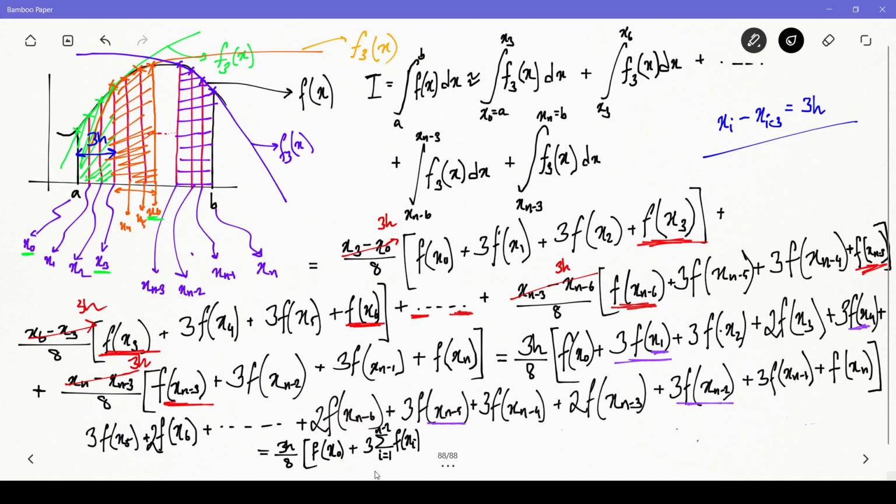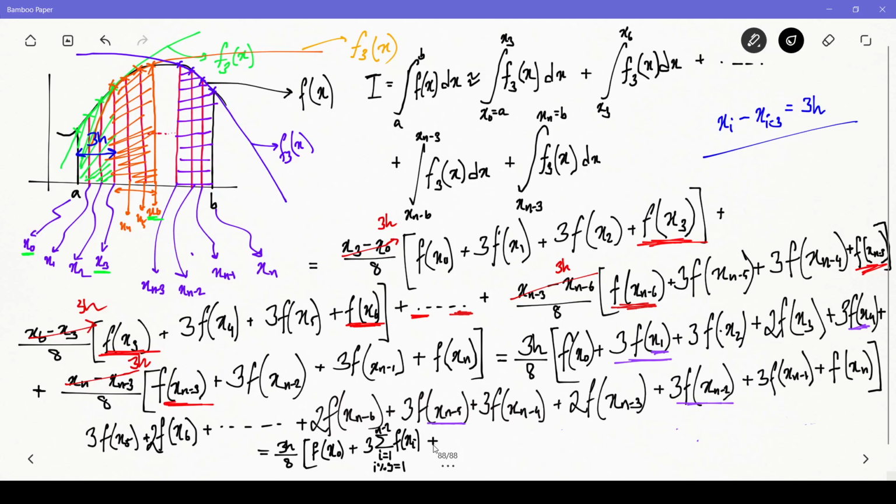And the condition is what? i mod 3 is bound to be 1, or when i is divided by 3, the remainder will for sure be 1. Fine. So now that we have done this, we have taken care of the terms that follow this pattern.